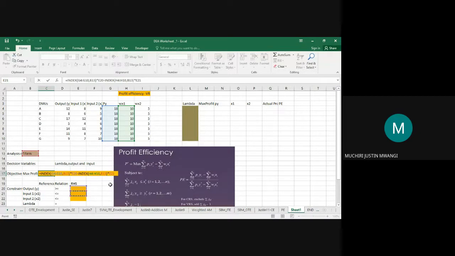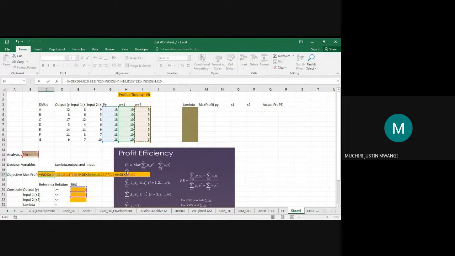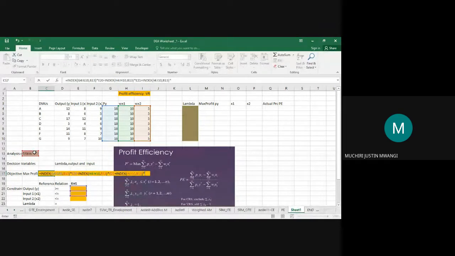Then we index again. This time around we pick the second input with reference to the given decision-making unit. We multiply with the optimal input of the second input.